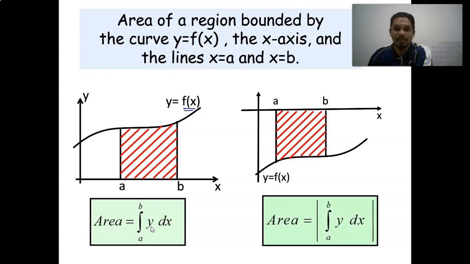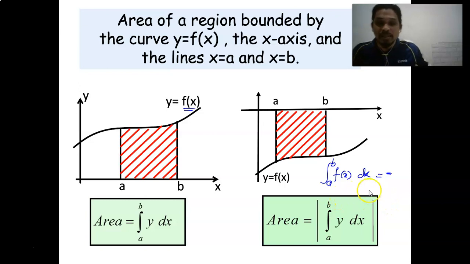And for this one, class, if we integrate this function f(x) dx from x equal to a until x equal to b, you will get the answer for this area with a negative value, because it lies below the x-axis.